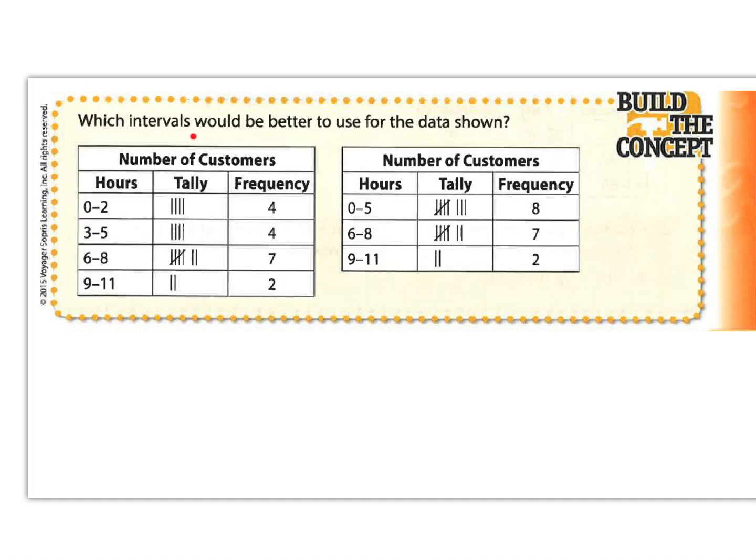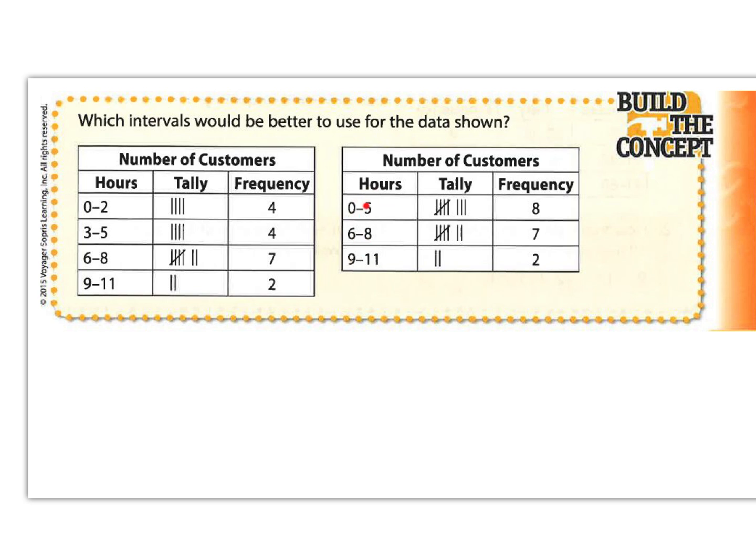This says, which intervals would be better used for data showing the number of customers for two different data tables. Here, number of customers in 0 to 2 hours, 3 to 5 hours, 6 to 8 hours, and then 9 to 11 hours. And then here's 0 to 5, 6 to 8, and 9 to 11.